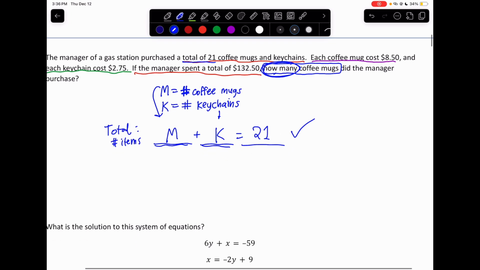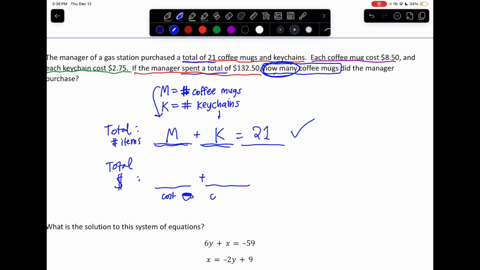I also know that I have a total of $132.50. So now I also know the total cost. So again, the cost of a coffee mug plus the cost of a keychain, I'm drawing a little picture, equals the total cost altogether. So my total cost is $132.50.